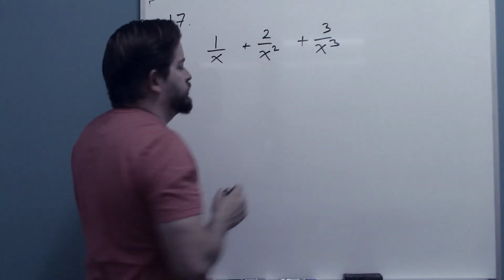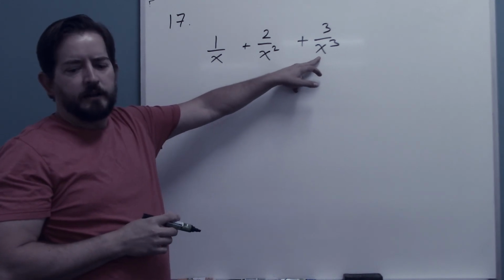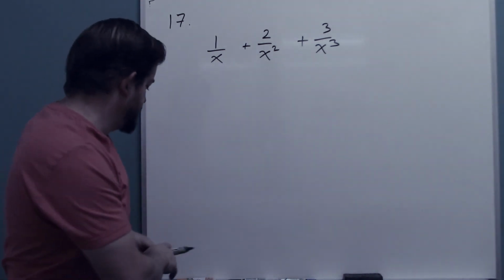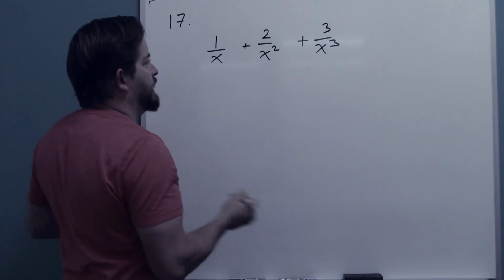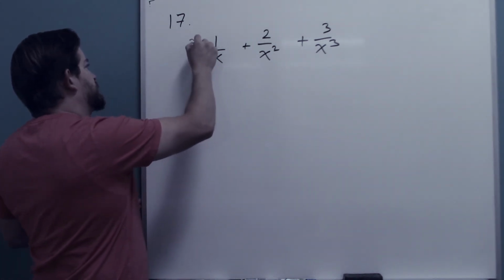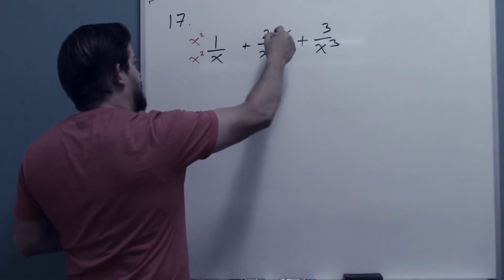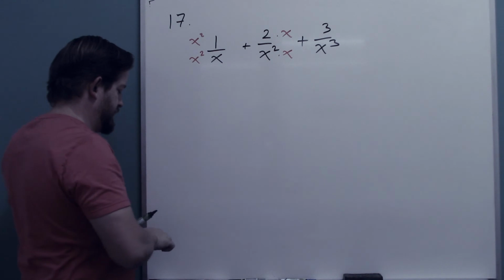Okay. So it should be easy to see that my lowest common denominator is x to the third. I can turn all of these into x to the thirds by multiplying by however many x's they're missing. So x squared in my first one's case, and just an x in the second one's case, and nothing in the third case, right?